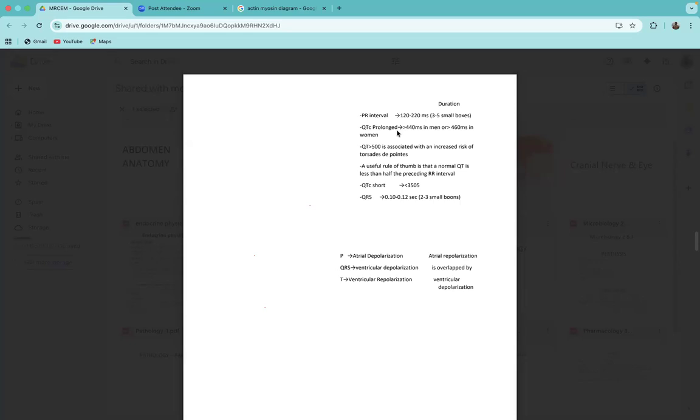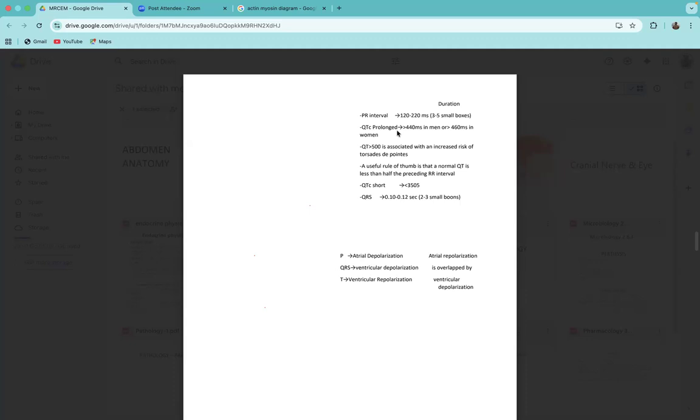And in any case, if the QT is more than 500, we should consider that as a risk of torsades, and we will treat the patient immediately, right? QRS is basically 0.10 to 0.12, that is the normal range.